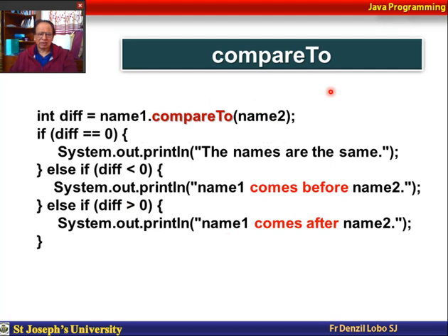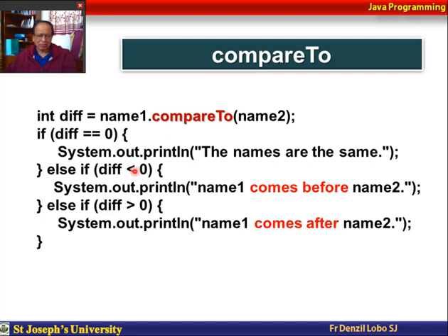There is one more, compareTo. Now equals only tells whether they are equal, that's all. Now I want to compare like strcmp in C programming. So that is here. I can say name1 compareTo name2. If they are the same, then the difference is equal to 0, and it is going to print they are the same.